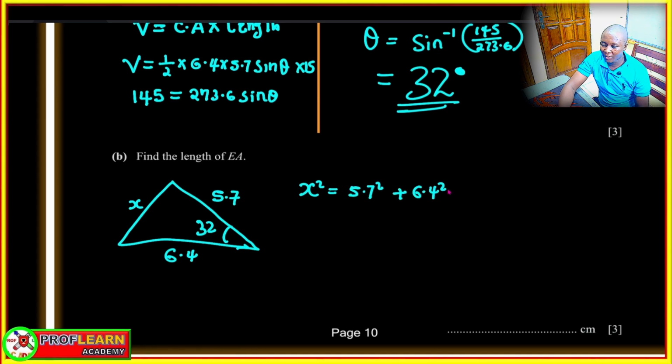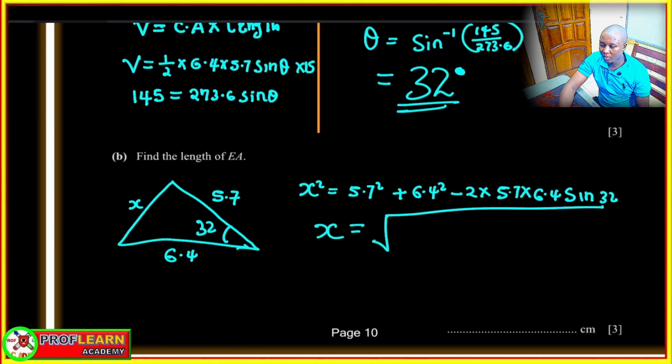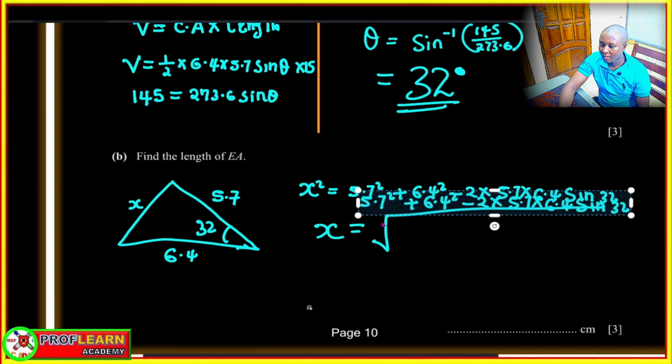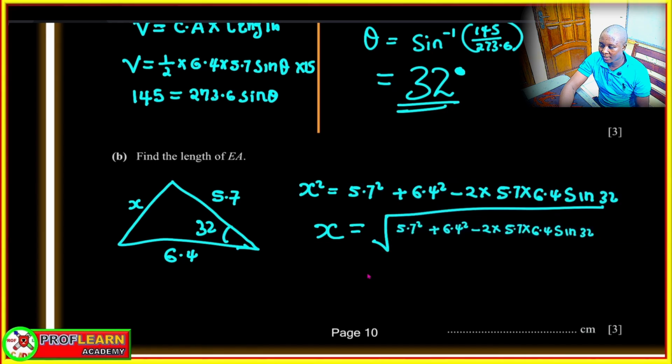You can see now there is another cosine rule concept that we have worked on. Then we can find the square root in order to find the value of x at this given point. If you work it out, just crunch it into the calculator so that we can see exactly what you're going to get.